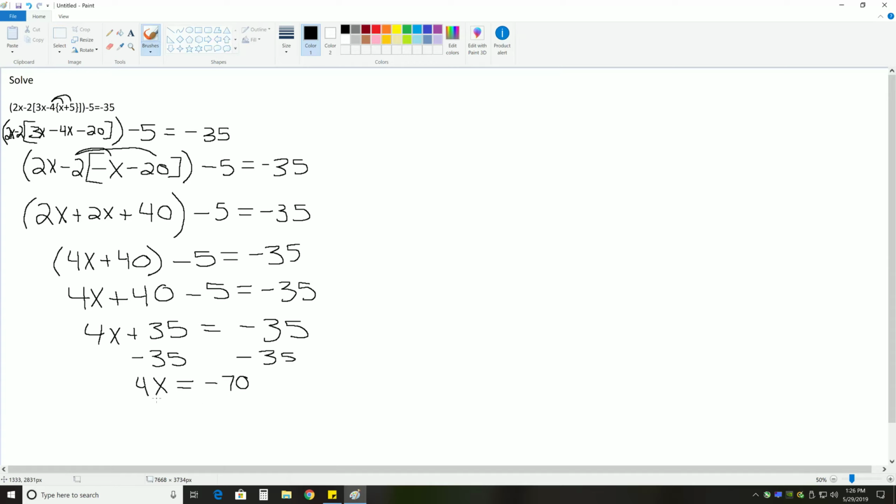Now the last thing we can do to get x alone is, because we have a 4 being multiplied to it, in order to get rid of that 4, we have to divide by it. And if we do it to one side, we have to do it to the other. So we get x equals negative 70 over 4. Now we want to check if this will simplify.